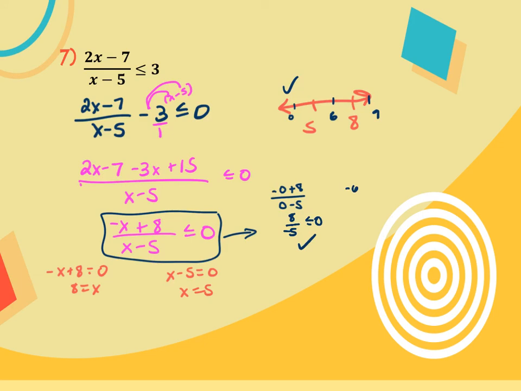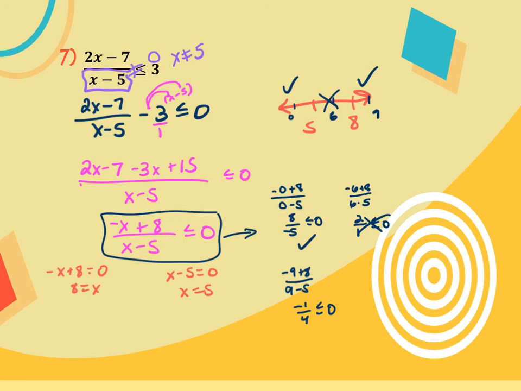Plug in 6: negative 6 plus 8 over 6 minus 5, 2 over 1, that is not less than or equal to 0. So we assume the 9 is going to work. Also, negative 9 plus 8 over 9 minus 5, negative 1 over 4 is less than or equal to 0. This has a denominator, so x minus 5 cannot equal 0, which means x cannot equal 5.